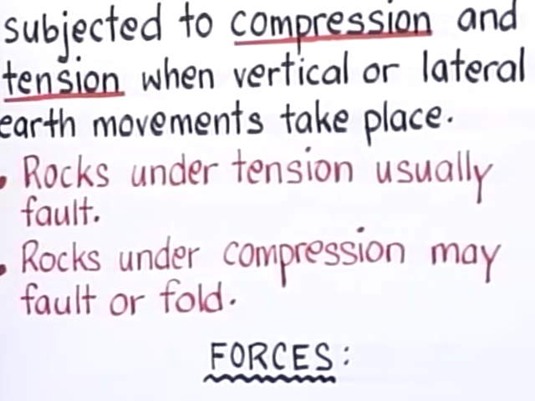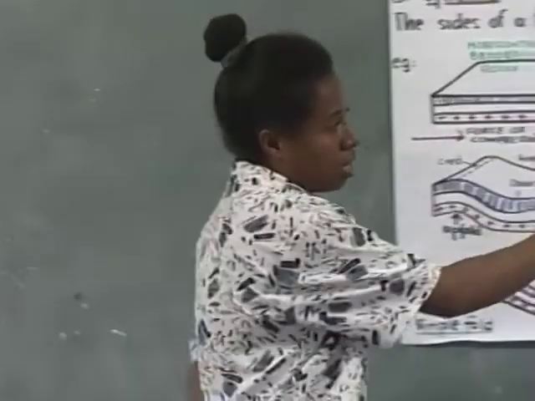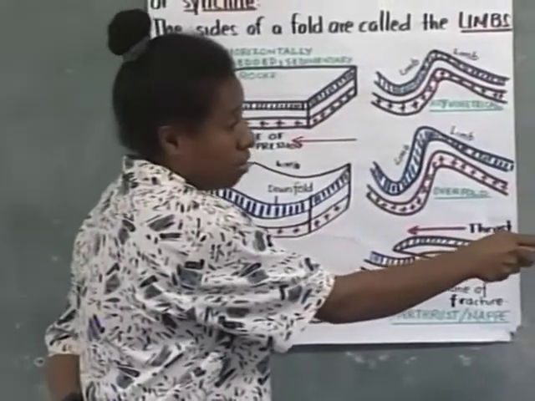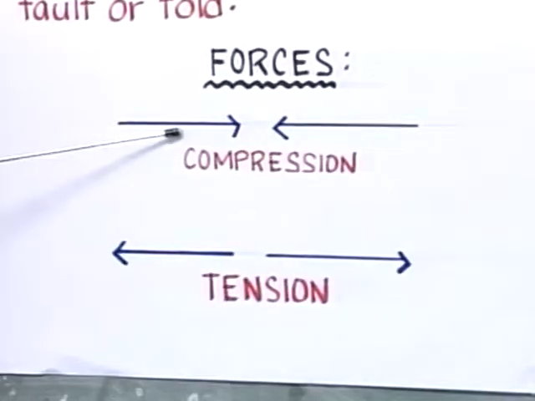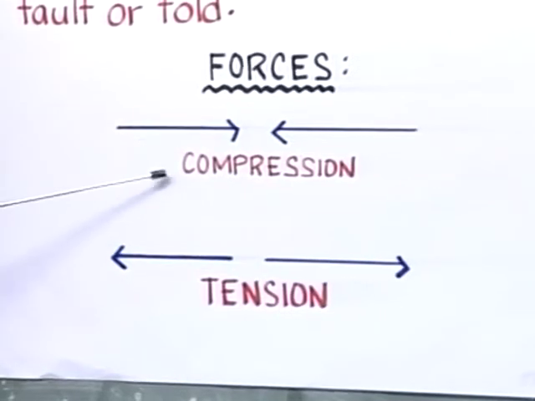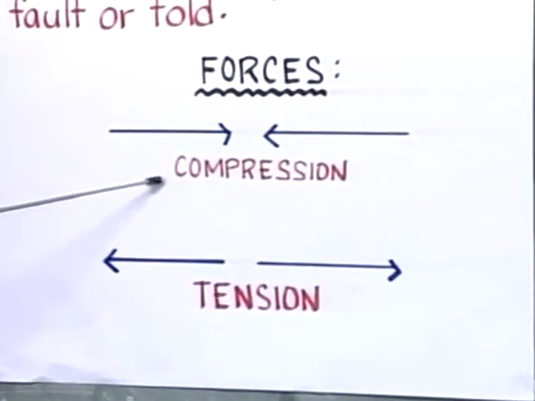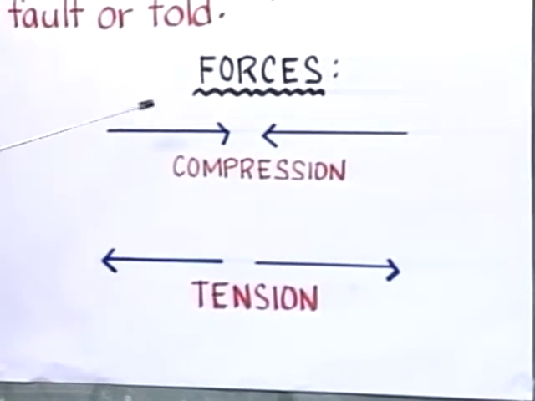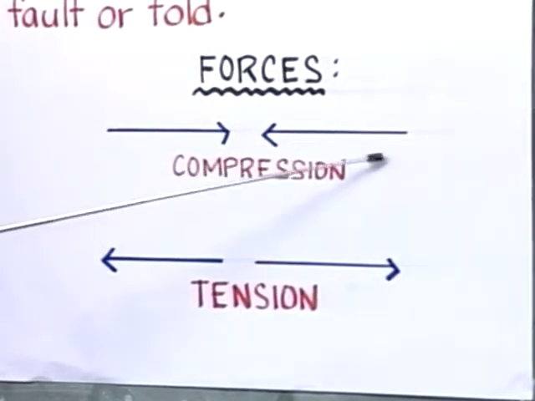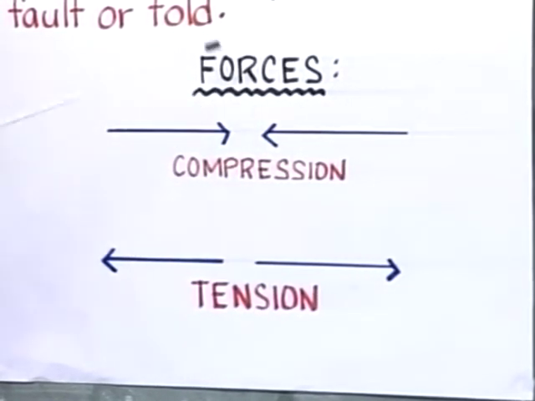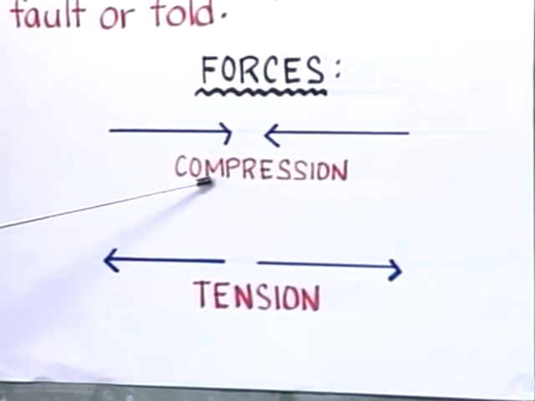Okay, looking at folding now. Folding is formed as a result of the forces of compression. And to show that in a simple diagram, you have two arrows acting towards each other to show the force of compression.